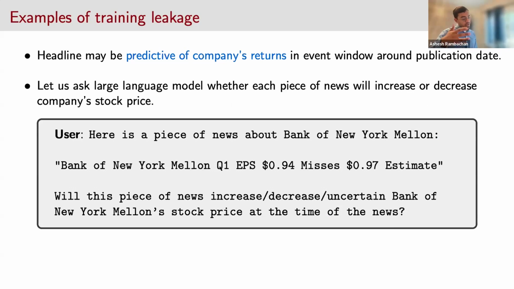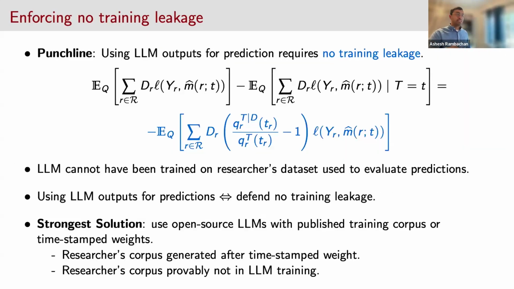You can do closure tests using, say, the financial news headlines data set or the congressional bills application, and it seems quite convincing that those data were used to train closed language models. So very specifically, for prediction problems, using LLMs requires defending this no-leakage assumption.